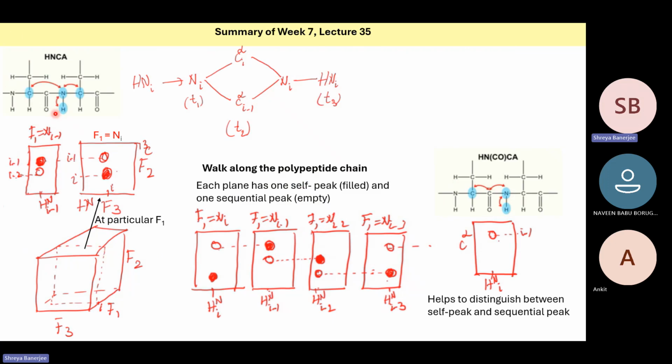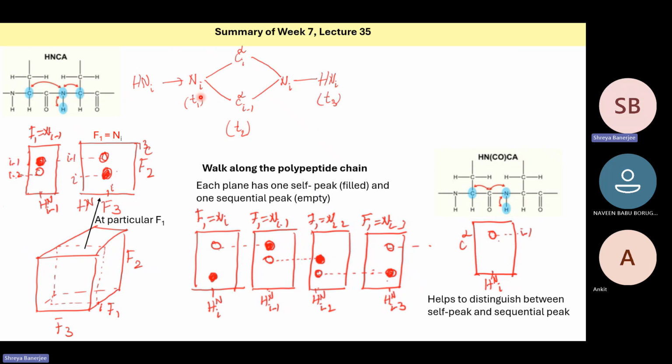So we will look at the most common experiment, that is the HNCA experiment. So we start from the amide hydrogen of the I residue, HNI. The magnetization is transferred to the nitrogen of the I residue, Ni. And here you have the first T1. So T1 is basically an evolving time period. And based on T1, we will get our frequency axis.